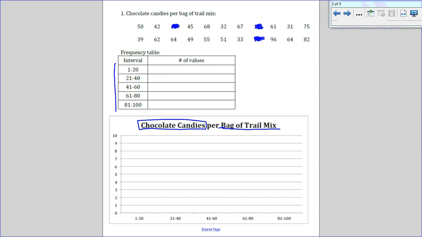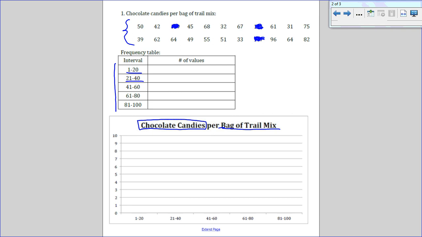These are our different intervals, so there's a range, between 1 and 20. So we want to count how many of these numbers up here fall between 1 and 20. Well, I can tell you there is none. So we have 0 of those, okay? But what about 21 and 40? Okay, how many numbers fall between 21 and 40?